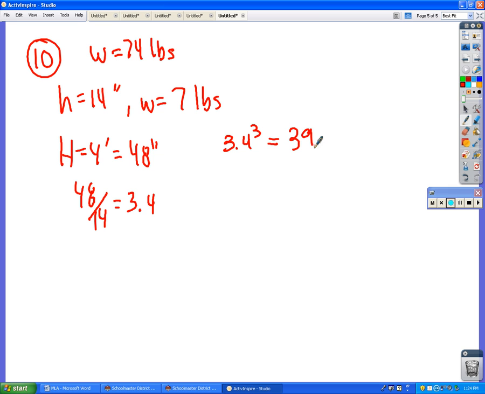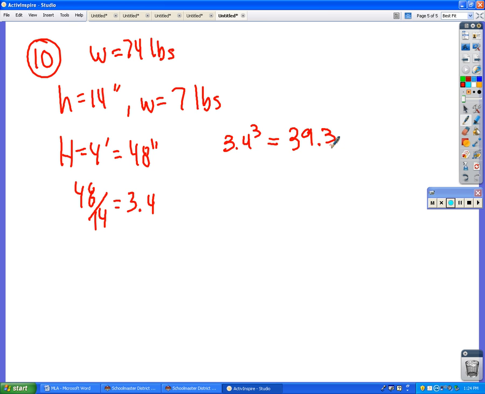Okay. Wait, I thought you were supposed to set up a proportion. You could do that. Would you like to do that? Okay, wait, what's 14 over 7 equals 48 over 74? No. Because the 14 and the 48 are both lengths, they're both heights. And so if you're going to compare them to the volumes, what do you need to do first?